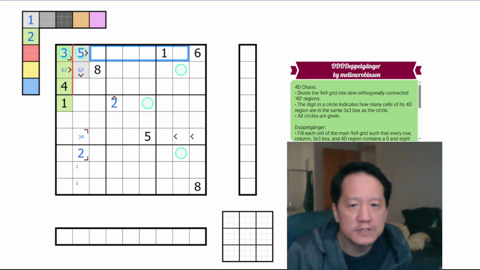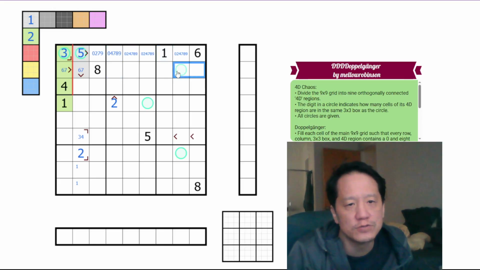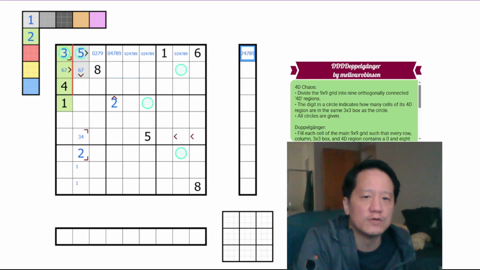Okay, remaining digits in row 1, we have 0, 2, 4, 7, 8, and 9. Obviously, this can't be 4 or 8. This can't be 2. 2 away, so remaining digits in row 2. So we're missing 2, 4, 7, 8, and 9 in row 1.